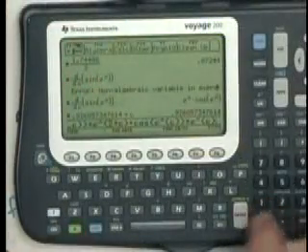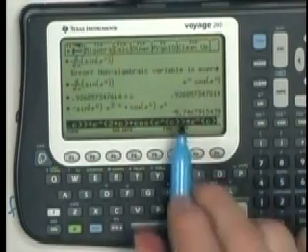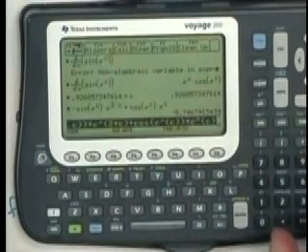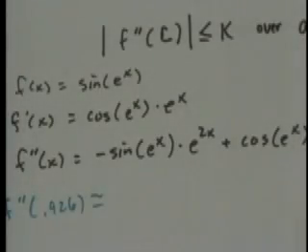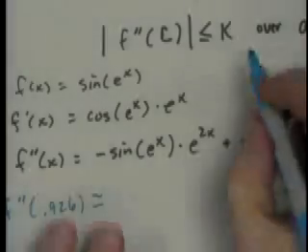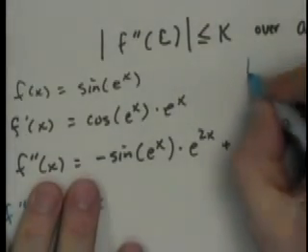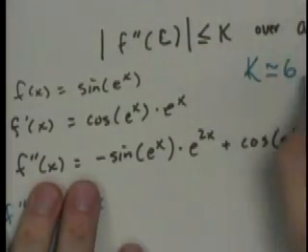Let me double check and make sure that's what I got. Yep. And then I use an estimate there. So instead of a 10, I got negative 5.7. Okay. So I can use k as approximately 6.